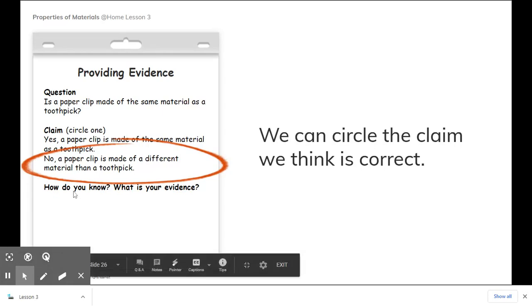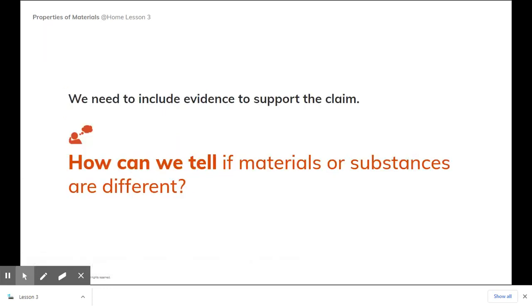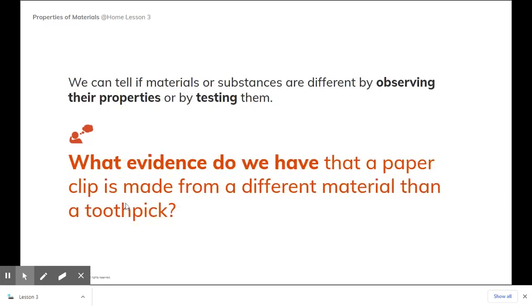So then, why do we think that? What is the evidence for that? Remember, how can we tell if materials or substances are different? We can tell they are different by observing their properties or by testing them. So what evidence do we have that a paper clip is made from different material than a toothpick?